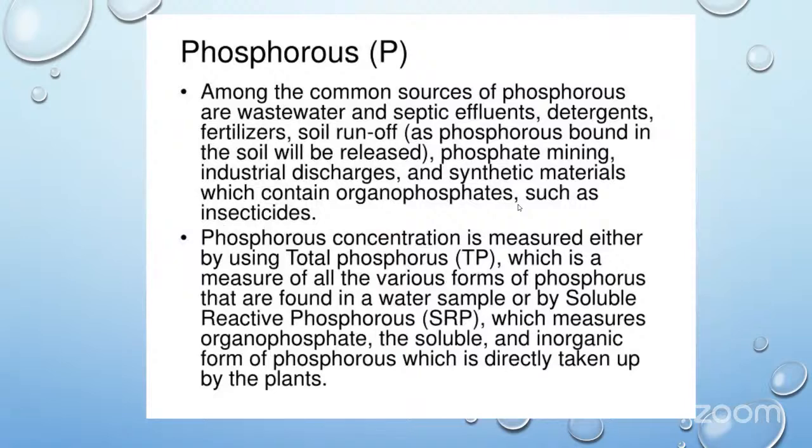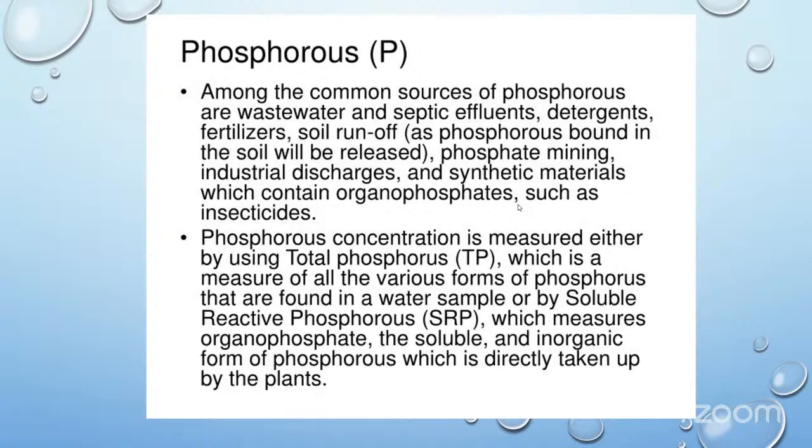Among the common sources of phosphorus are wastewater and septic effluents, detergents, fertilizers, soil runoff where phosphorus bound in the soil will be released, phosphate mining, industrial discharges, and synthetic materials which contain organophosphates, such as insecticides.